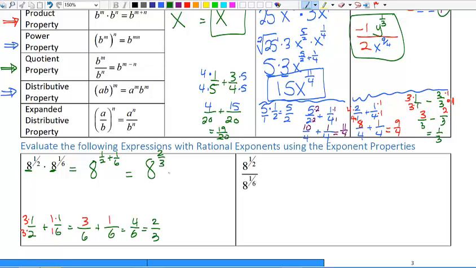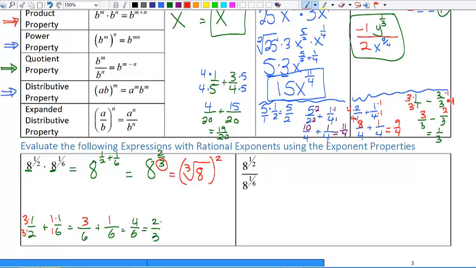And on the last couple of problems when we were evaluating expressions with variables, we were done at this point. But I can't be done at this point because 8 to the 2/3 can be reduced. Because when I have a base of a number, I can rewrite it as a radical, and I have the cube root of 8, and then I can either square the 8, or I could take the cube root first and then square the whole thing.